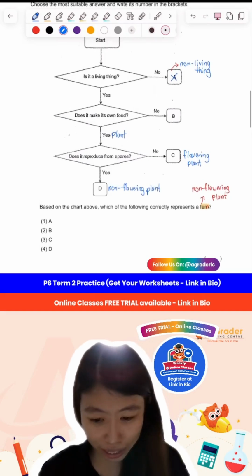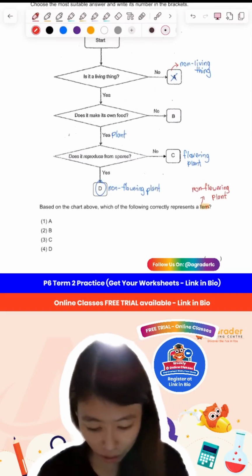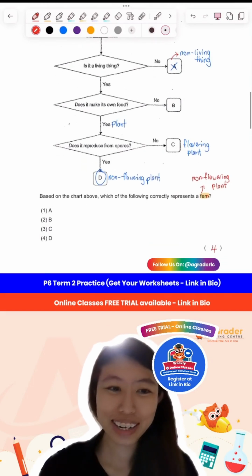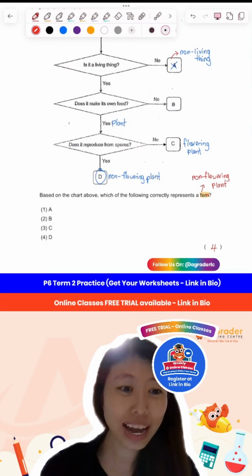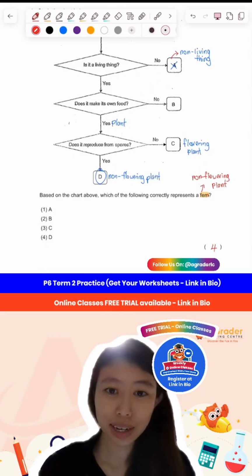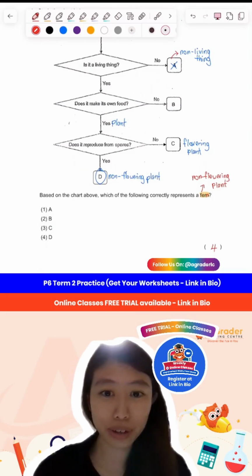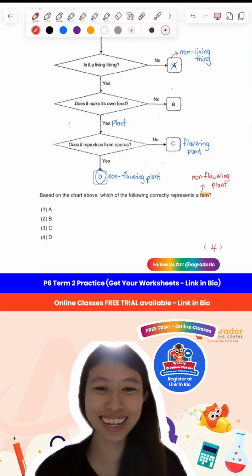Yes, very good. It is D, which is option 4. Yes, this is a mixed topic. It's like a revision of all the topics they have learned, that they're supposed to know for P6.